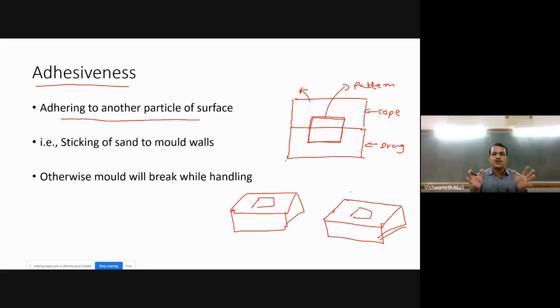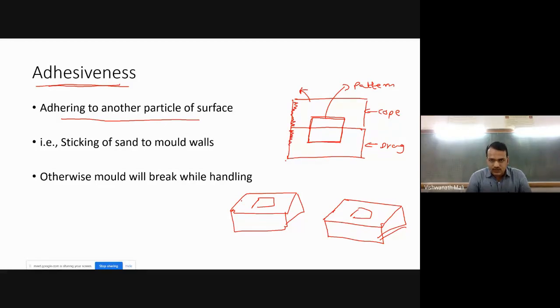It should firmly adhere. If it does not firmly adhere, what happens? While we are detaching the cope and removing this pattern, the sand may fall. To avoid that, your molding sand should have this property, adherence.